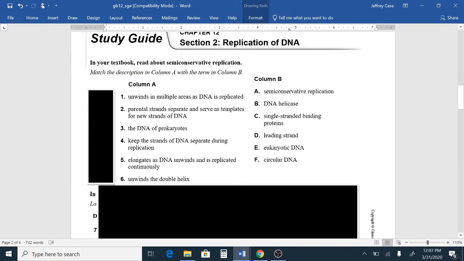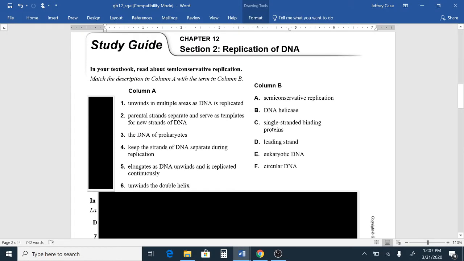Moving on, section 2, some matching. See if we can do this here. Number 1, unwinds in multiple areas as DNA is replicated. E, eukaryotic DNA. Number 2, parental strands separate and serve as templates for new strands of DNA.